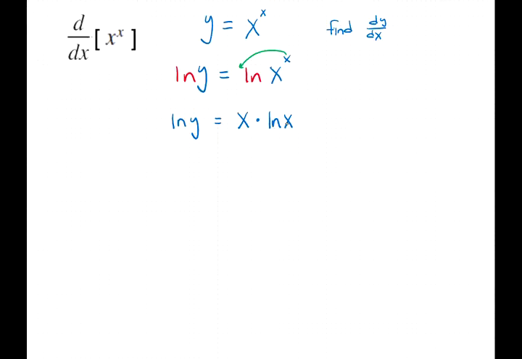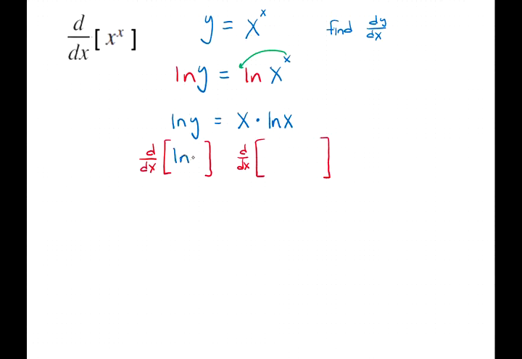It's a product, and we have a product rule for derivatives. So we could take the derivative of both sides of the equation. The derivative of the left is equal to the derivative of the right.